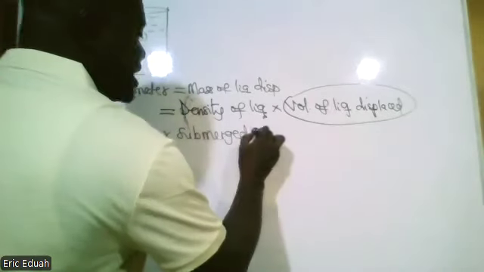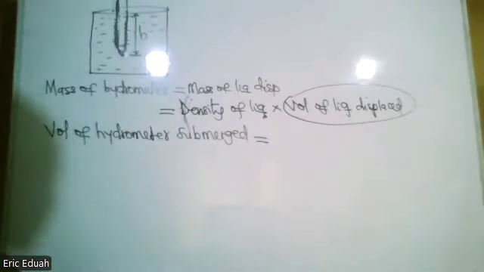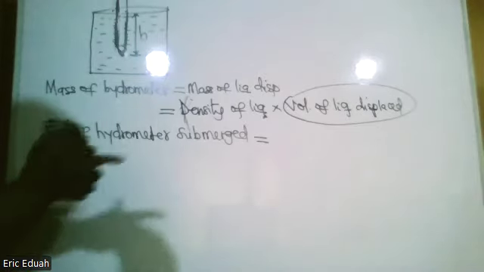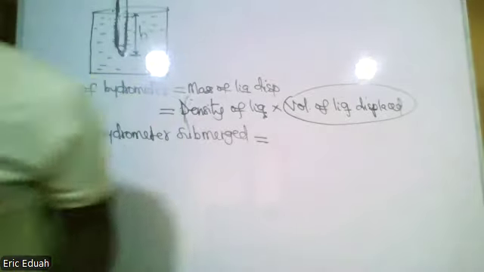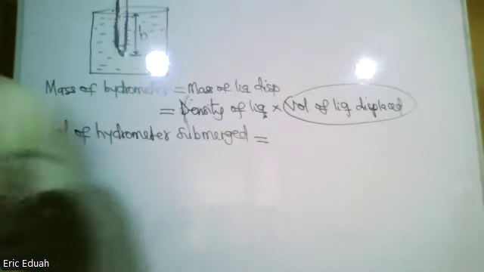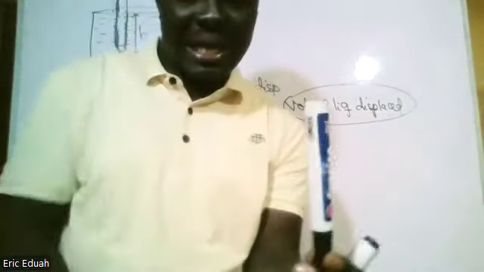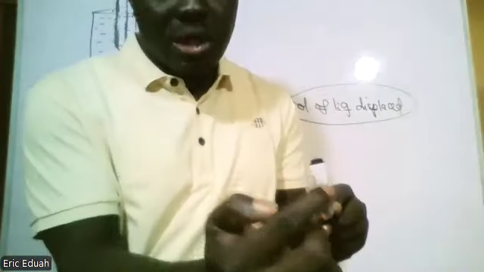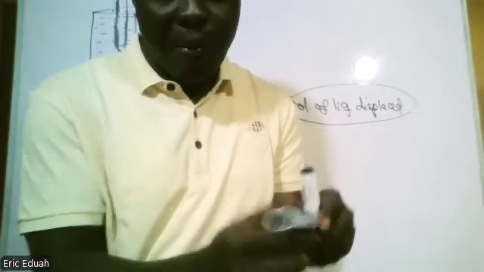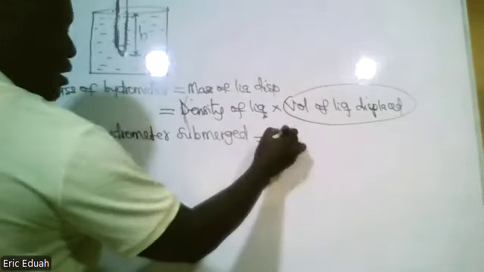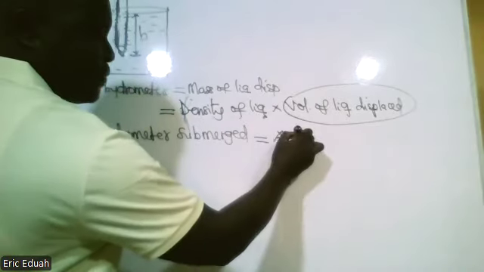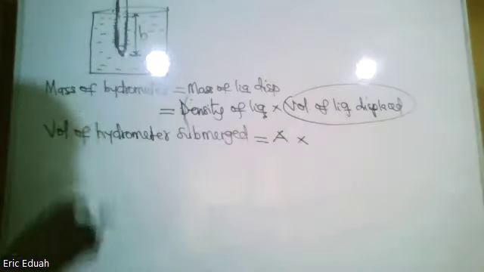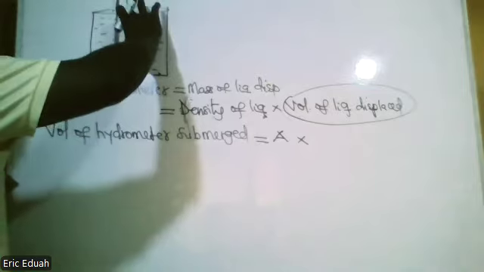Volume of hydrometer submerged can equally be expressed as the uniform cross-sectional area, because I said it's just like a pen, or yes, the marker. The hydrometer is just like this. So its cross-sectional area is uniform from top to down. So area, cross-sectional area of the hydrometer times the height of submersion.